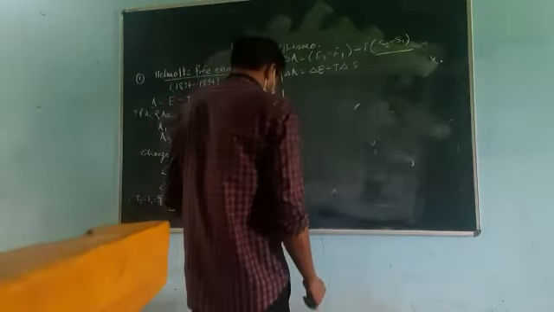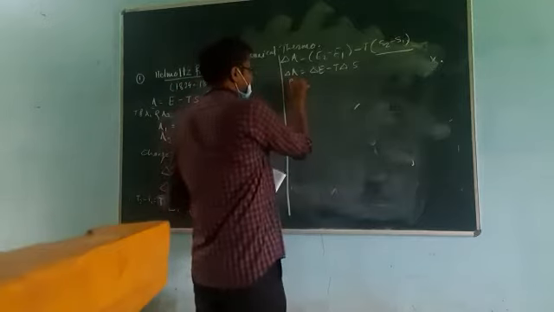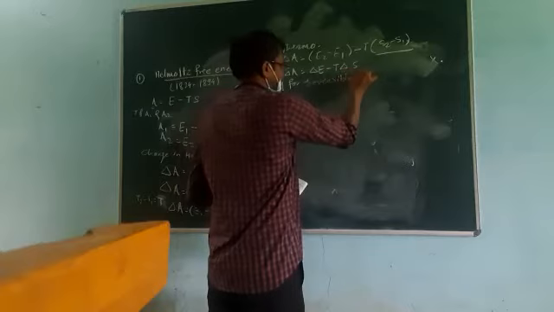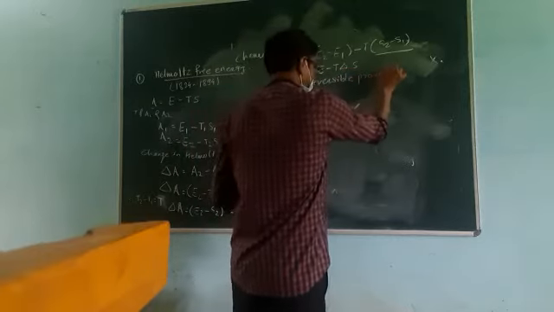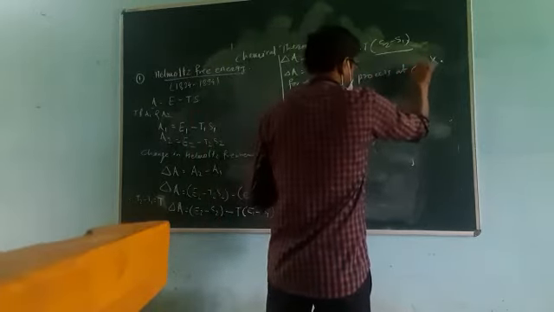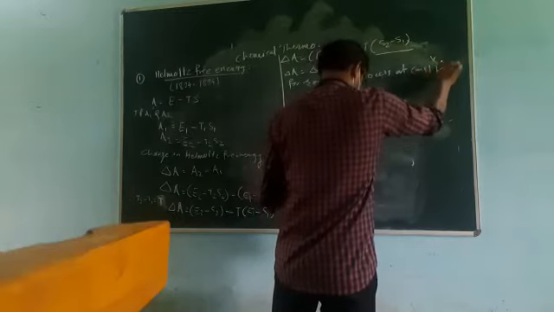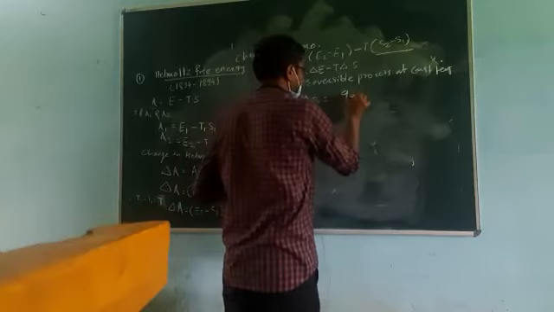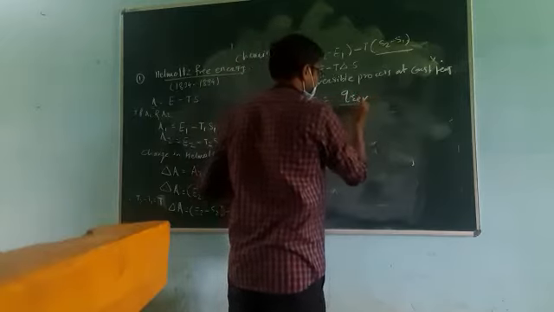For a reversible process at a constant temperature, delta S is equal to Q reversible divided by the temperature.